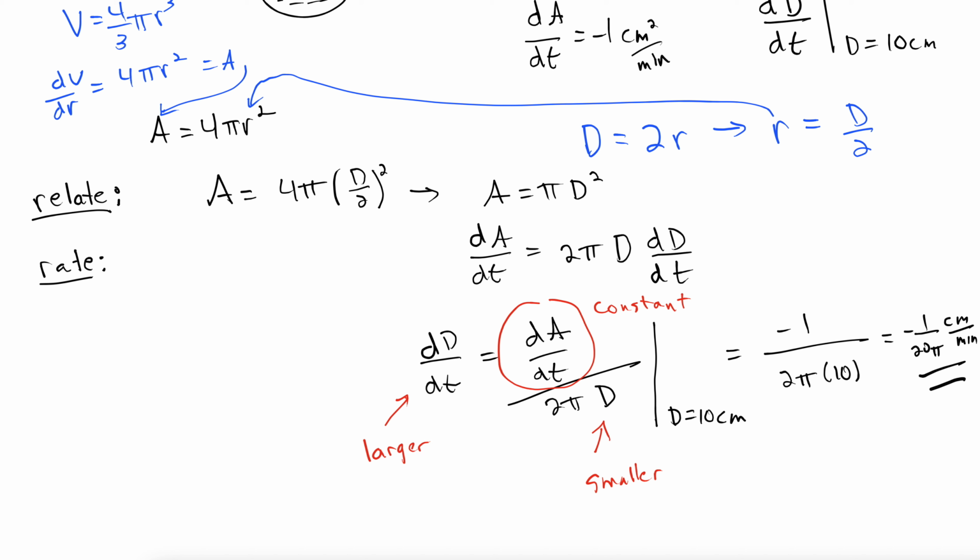So you can imagine a shrinking snowball. When it's huge and melting, the diameter is changing at a very low rate because it has so much surface area. And then as it gets smaller and smaller, that diameter has to speed up. So if you're just looking at the width of the snowball, it's going to get smaller faster and faster, to where at the very end it's going to vanish very quickly. So if you really dig deep into these, you can get a good idea of the physics of what's happening by deeply examining the equations that you end up with.